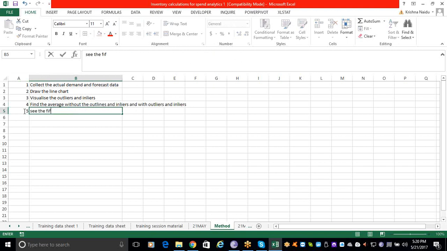See the difference. Mark the difference. And in case the difference is high, then choose the average without outlier.